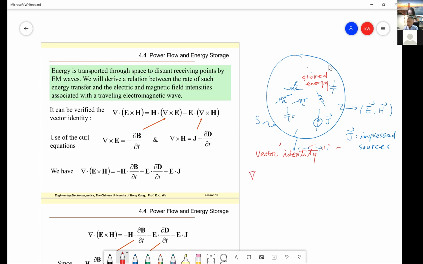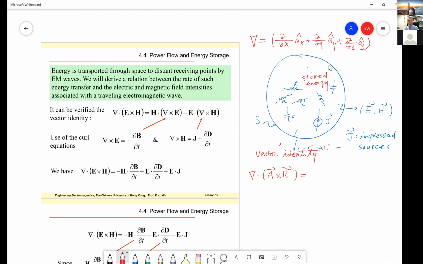It tells us, if A and B are arbitrary vector variables, because we are taking differentiations, we still remember what the del means, right? The del is a vector differential operator. So this is just the operator.